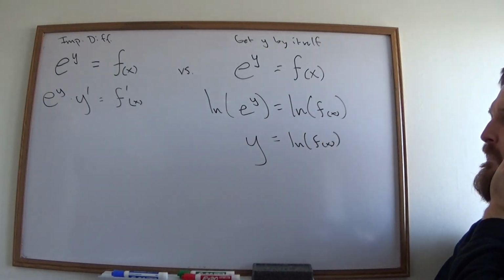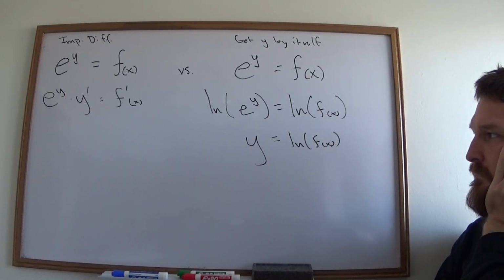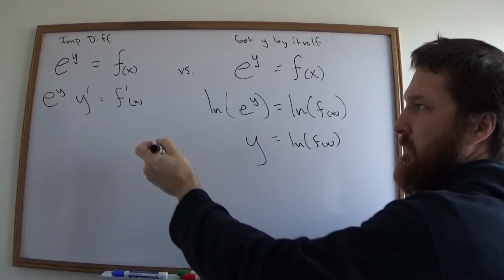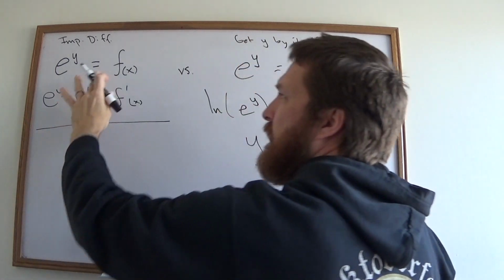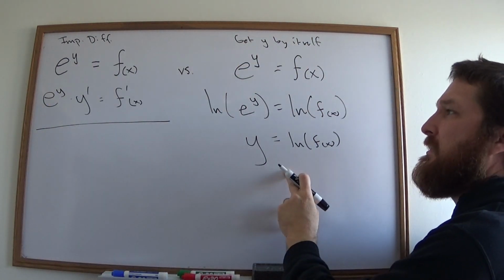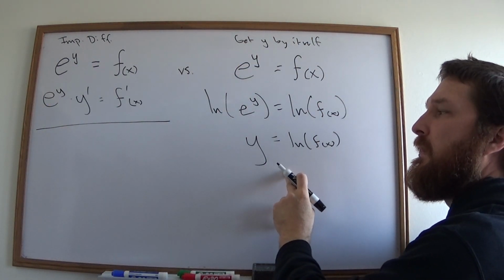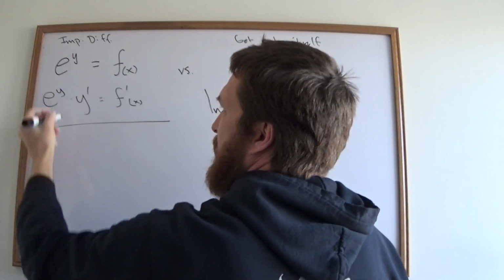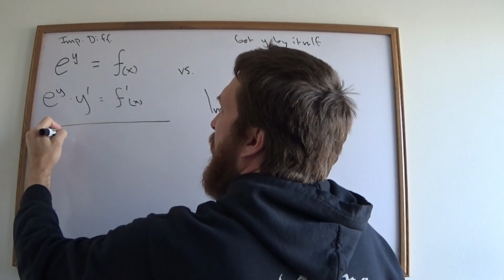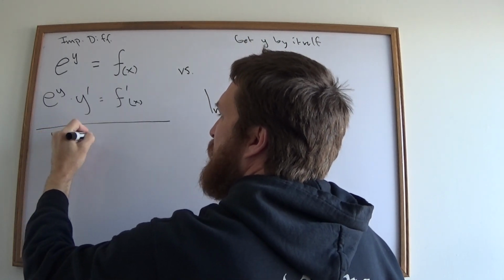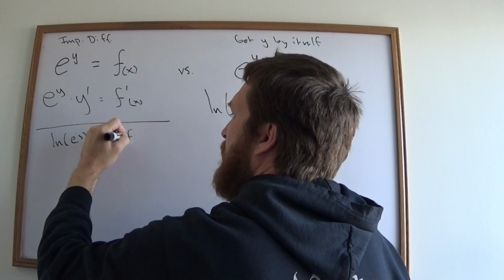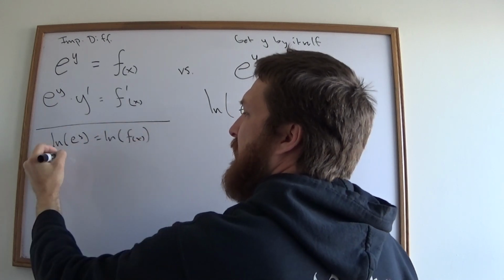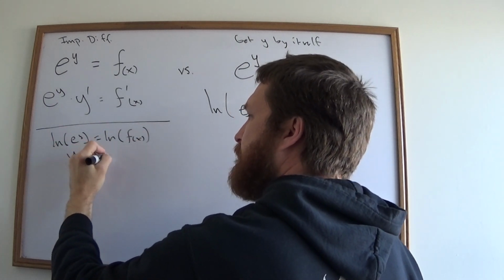Okay? Now, one thing to notice is we could have also done that over here. Remember, we could have said, if I could just get the y by itself, then I could take the derivative of it. To get the y by itself, I just do this to both sides, whatever it happens to be, and that's what gives me my y.